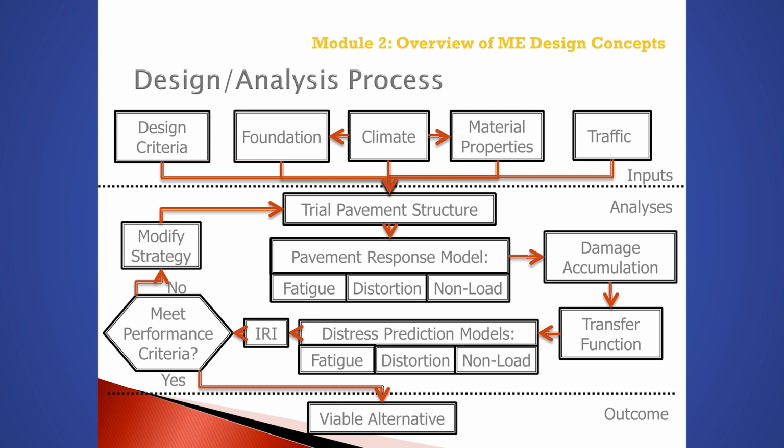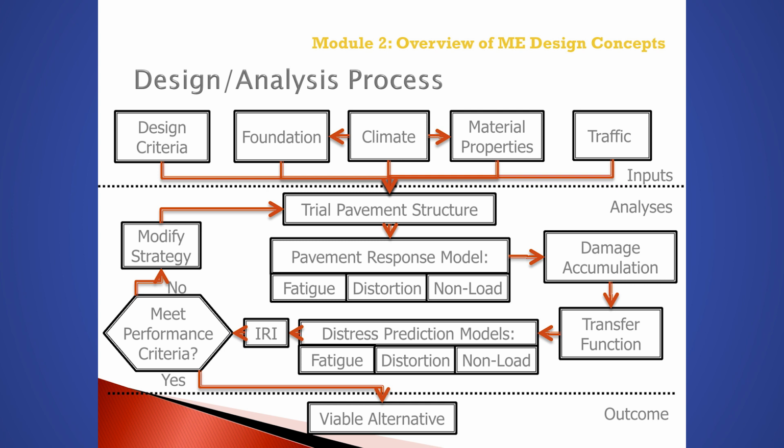This screen shows a flowchart for the MEPDG procedure, which is similar to most other mechanistic-empirical based procedures. The framework is included in Chapter 1 of the MEPDG Manual of Practice and includes 3 basic sections: the inputs, the analysis or computations, and the outcome.